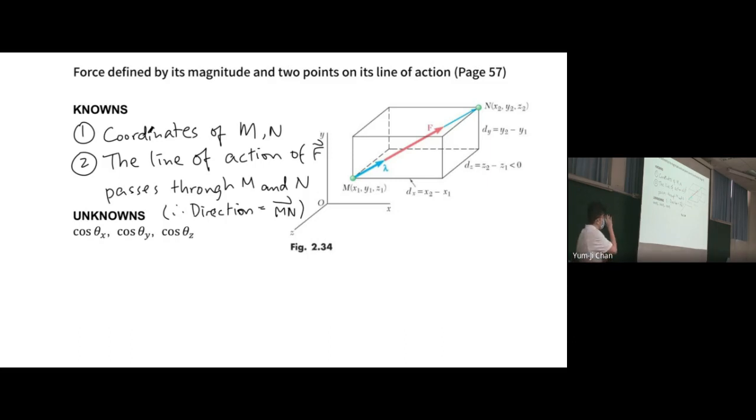So we know something about the direction of F, but we only know two points in space. We know x1, y1, z1, and x2, y2, z2. But we don't know cosine theta x, cosine theta y, and cosine theta z, and we need those later on. So we want to determine these based on M and N.